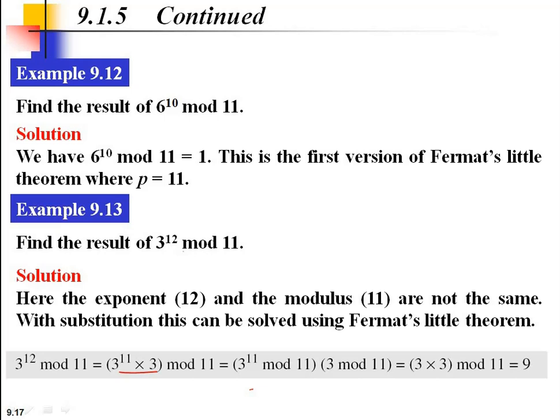Then we can compute 3 to the power 11 mod 11 and 3 mod 11. Now this becomes the form of Fermat's second version. So this is equal to 3 times 3, that is 9. So the result will be 9.